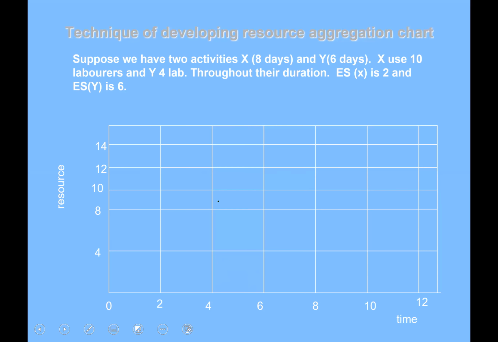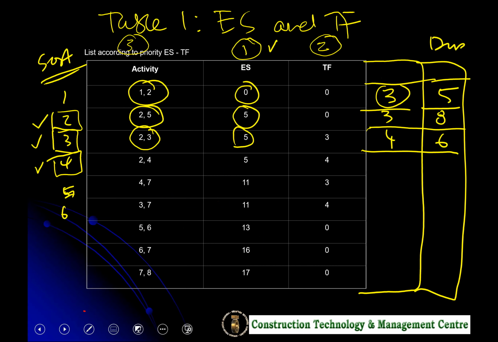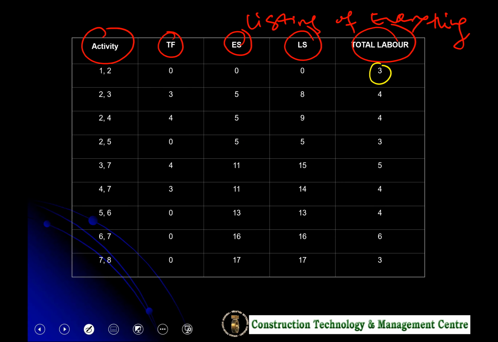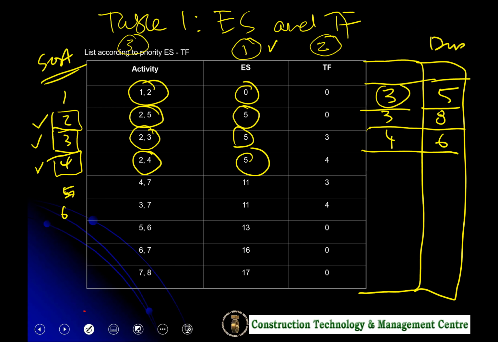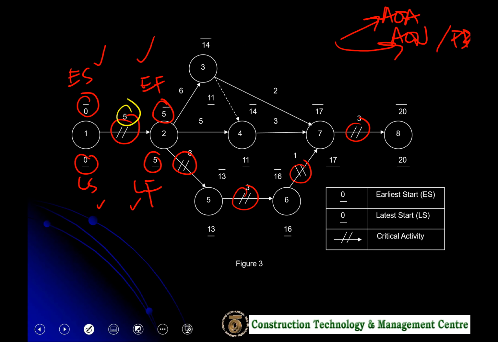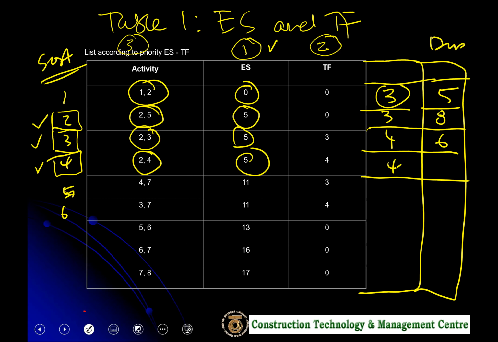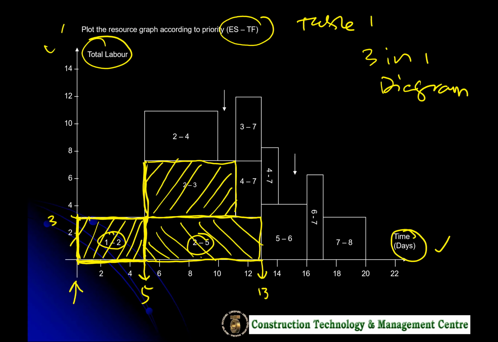Then, sorry, go back. Next will be 2.4. It starts on the same day, the 5th day. How many days is the duration? 2.4 would be 5 days, with 4 workers. So you start on the same day, this is 5 days, and then 4.